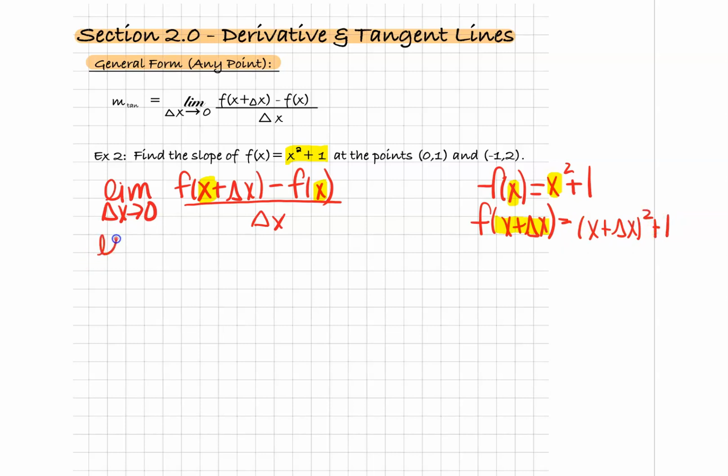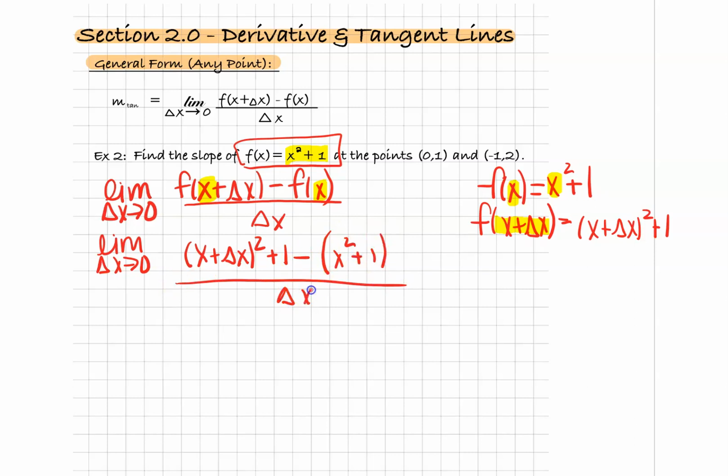So this would be the limit as delta x approaches 0 of f of x plus delta x for our equation x squared plus 1, which would be x plus delta x squared plus 1, minus parentheses, please, x squared plus 1, all over delta x.